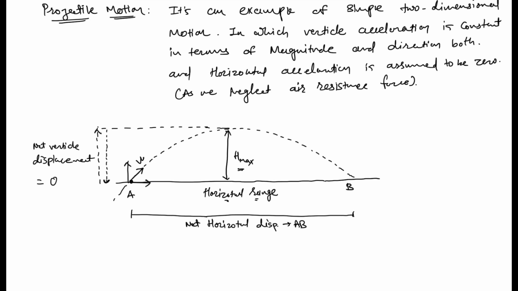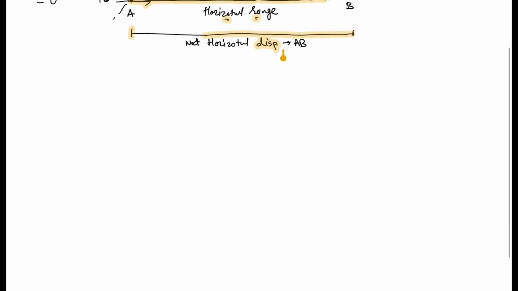So consider, here we have provided u velocity. If we take two components of this velocity, one will be u cos theta, where theta is the angle made by this u velocity with the ground or with the horizontal, and the other will be u sin theta.